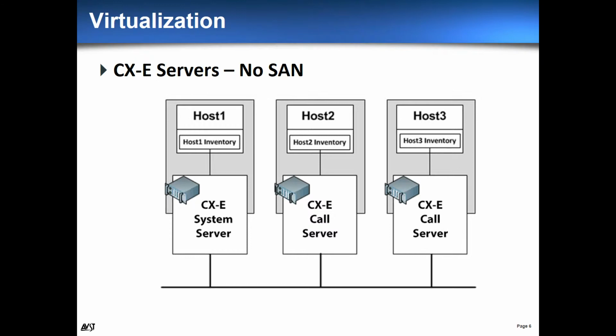In this type of environment, you're going to have all the CXC functionality embedded inside the VMware environment. This includes the ability to put in multiple system servers, as we discussed in the first slide, for things like automatic failover and geo-redundancy, but they're all implemented on their own host within the network. This is the typical network where the customer is not using a SAN to map the databases external to the hosts.